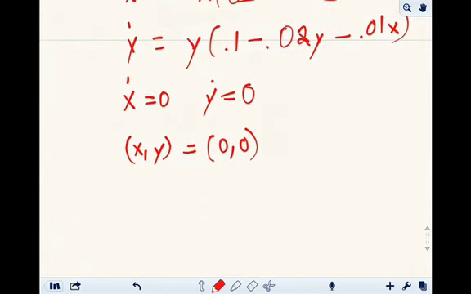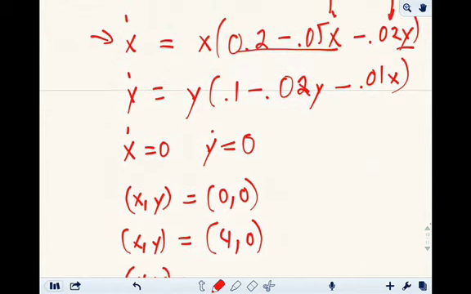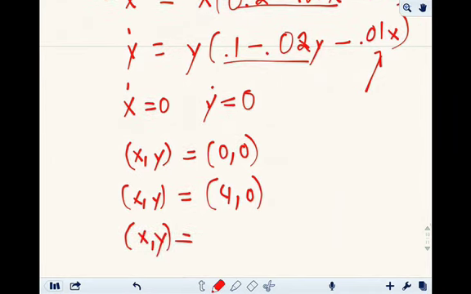So we have X, Y equal 4, 0. The next one we can solve for by doing the same in the second equation. We set X to be 0, and we solve for this part here equals 0. That gives us Y equals 5 and X equals 0, so 0, 5.